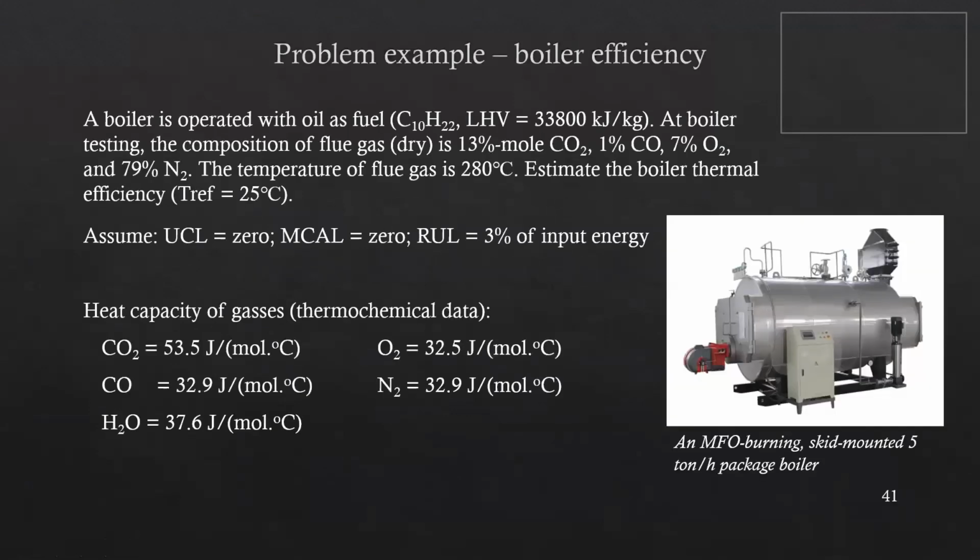Okay, the first problem example is this one. We have a boiler which is operated with oil as a fuel. So we have C10, which is actually octane, with a lower heating value of 33,800 kilojoule per kilogram.